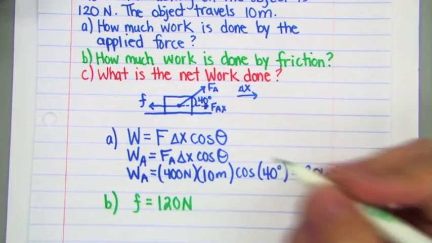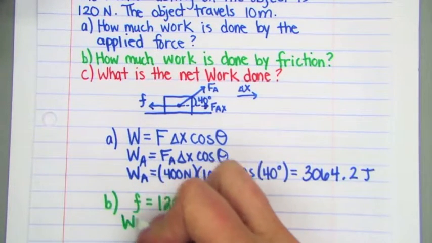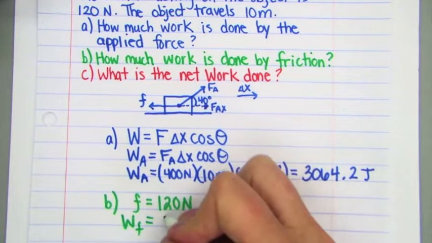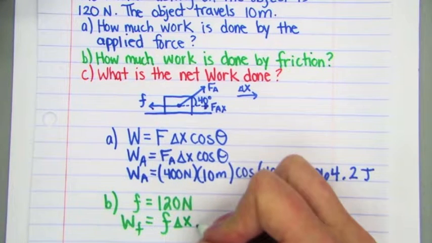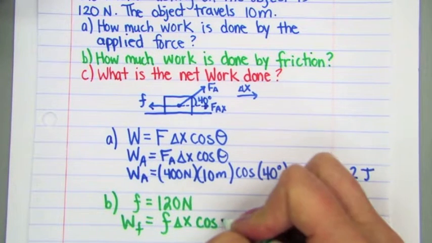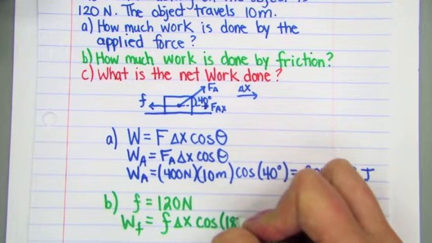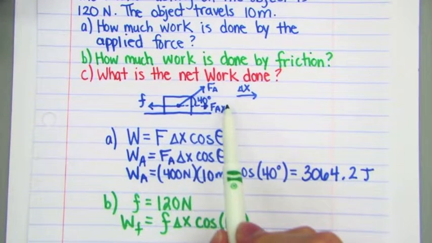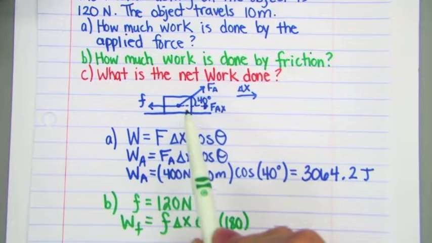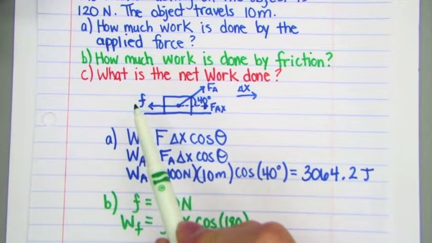When you do the work done by friction, you take the force of friction multiplied by the displacement, multiplied by the cosine of 180. 180 represents the opposite direction of motion on a flat surface. The direction of motion is to the right, so 180 degrees is to the left.